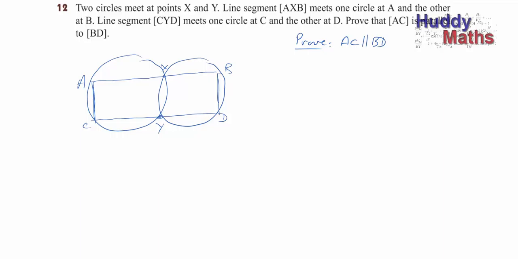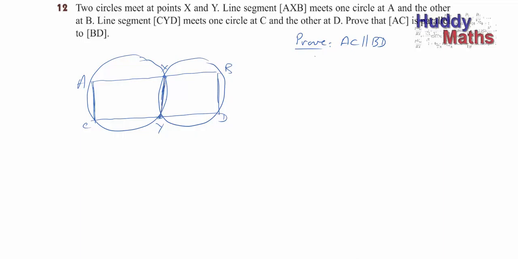We might think in our mind there, how could we do that? Well, we're going to use alternate angles, corresponding angles, or co-interior angles. If they're in those positions, then we can say the lines are parallel. So we'll have a look at that in a minute. All right, so I reckon what we need to do is, because we haven't got much information, no centres of the circles, well, we've got the quadrilaterals within the circles, so let's make those quadrilaterals up.